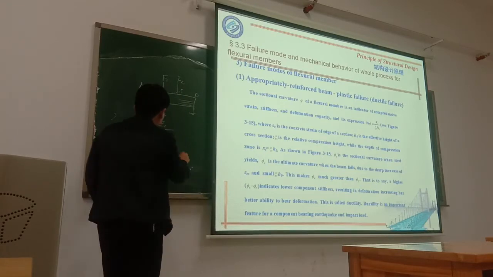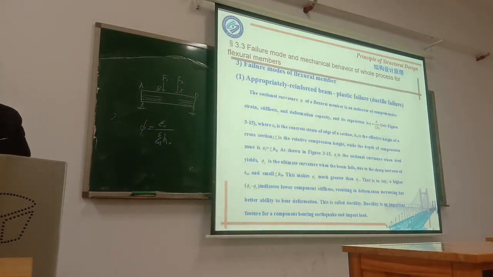So what's the meaning of these symbols? Epsilon c is the compressive strain of the concrete, and h0 is the effective height. And kc, what's the meaning of kc? It is the relative compression height.